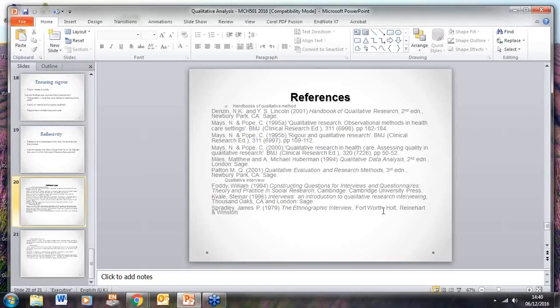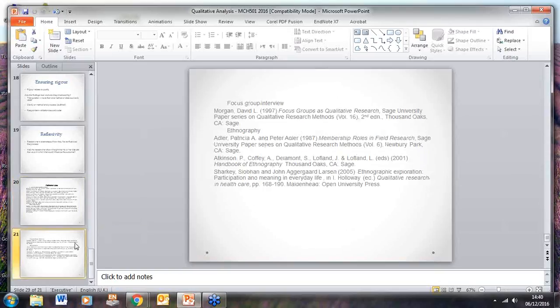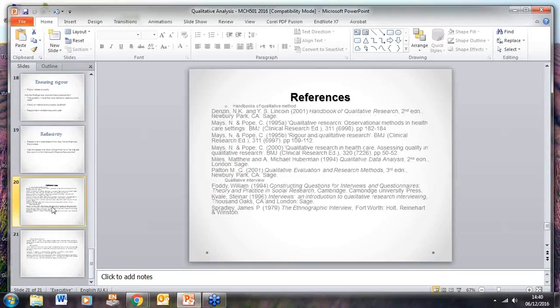It's short and easy to read, and it gives you a real insight into what quality is in qualitative research. So I would definitely recommend a little read of that one, especially if you've got a number of pieces of qualitative research to review.